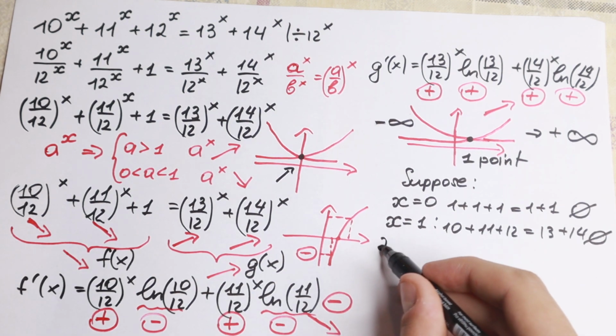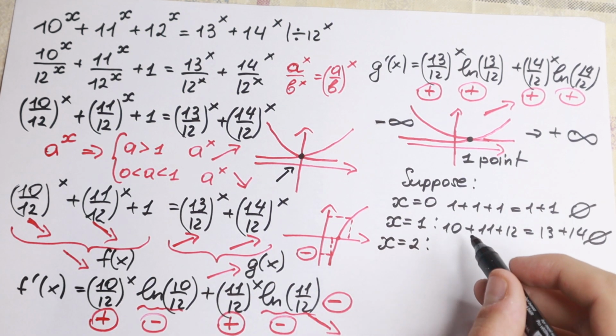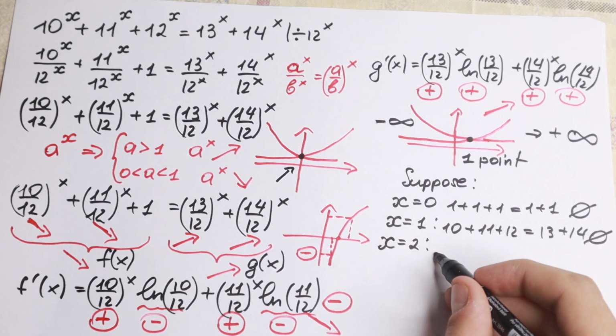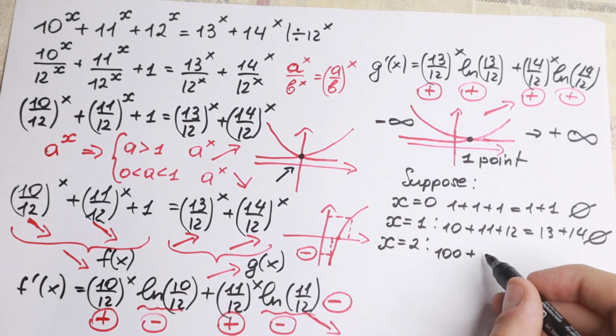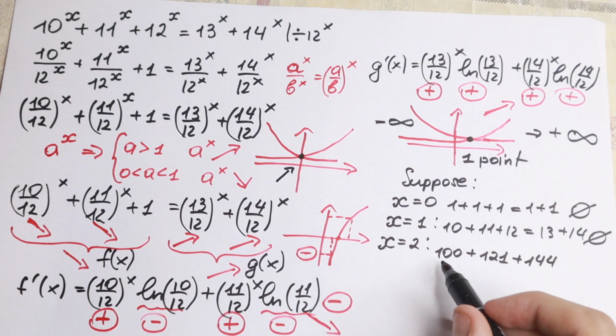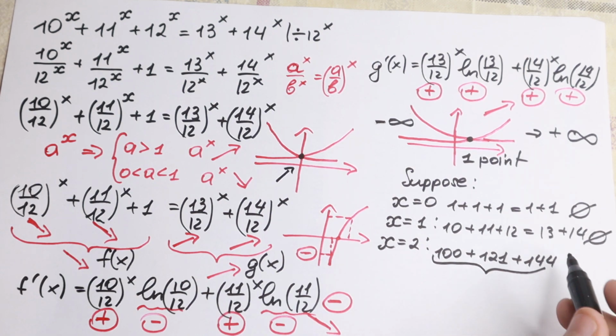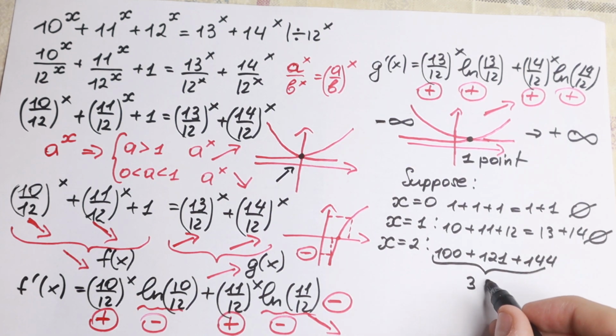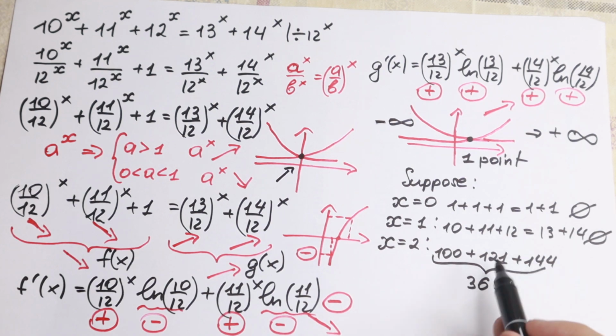Let's check x equal to 2. What will we have? We will have 100 plus 121 plus 144. This is our left side. If we add it, we will have 365. This is our left hand side.